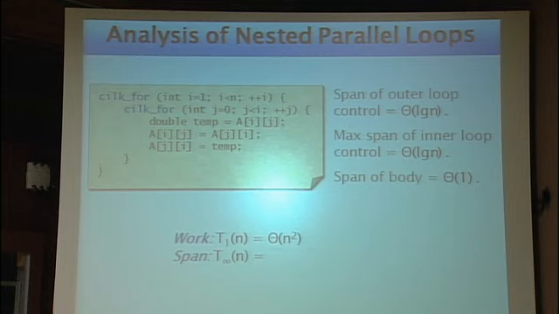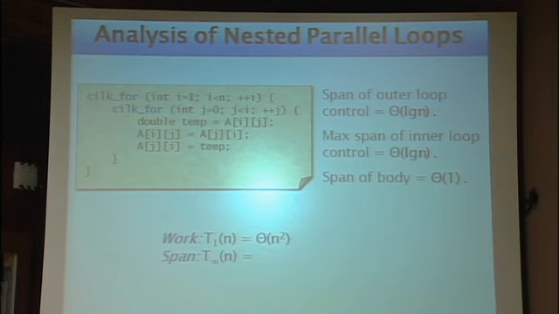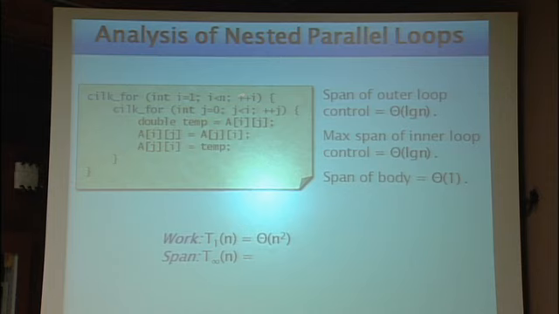And so we add the logs because those things are in series. We don't multiply them. What we're doing is looking at the worst case. The worst case is I have to do the control for this plus the control for this plus the worst iteration here, which in this case is just order 1. So the total is order log n.